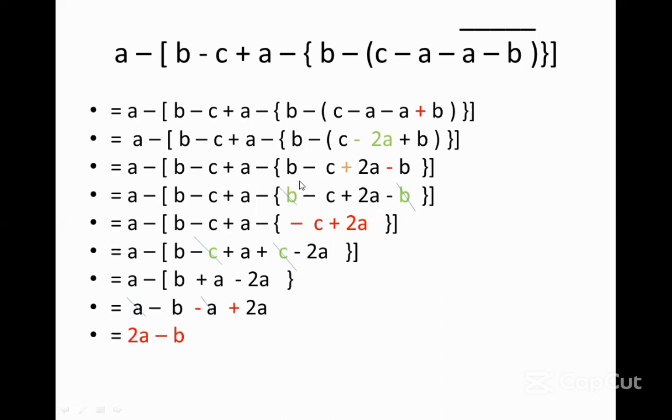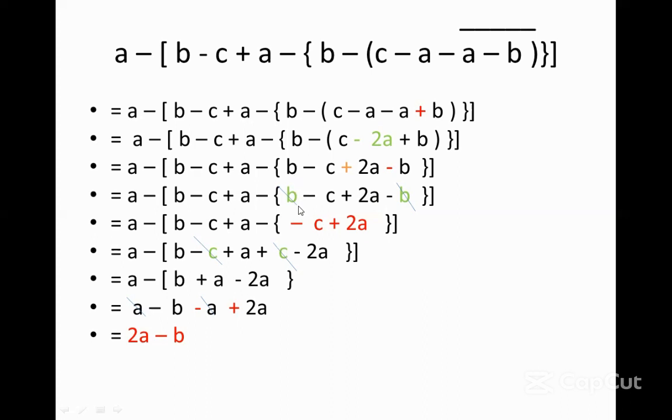Now in next step, if you can look here, then here b, with b we have 1 as coefficient, and here with this b we have minus 1 as coefficient, so they will be subtracted. 1b minus 1b that is equal to 0b, or you can cancel them in next step, or if you want to cancel them here in this step, then it will be okay as well.